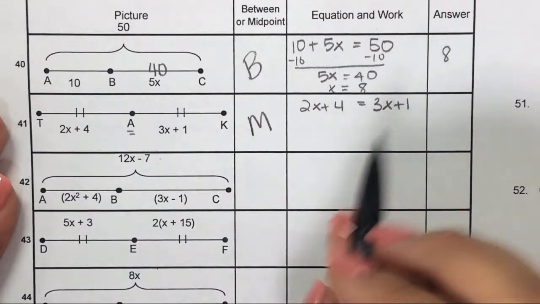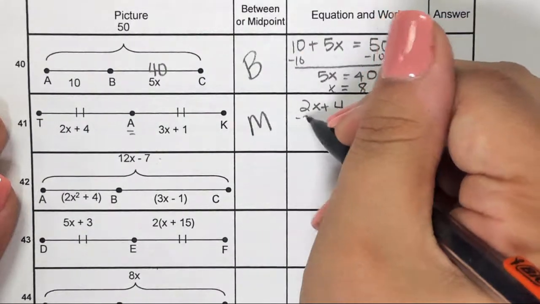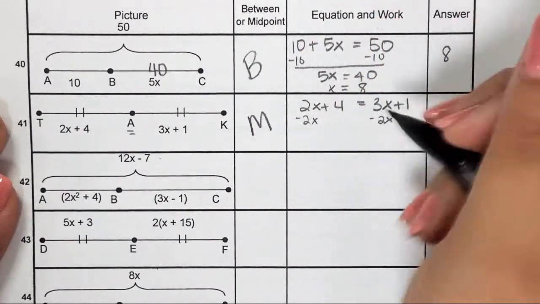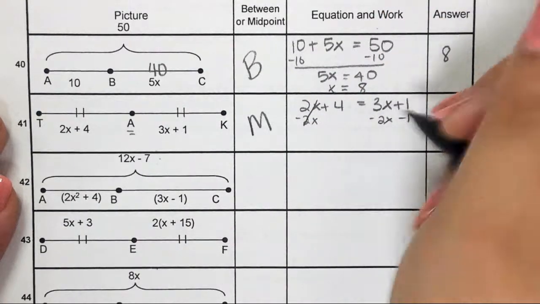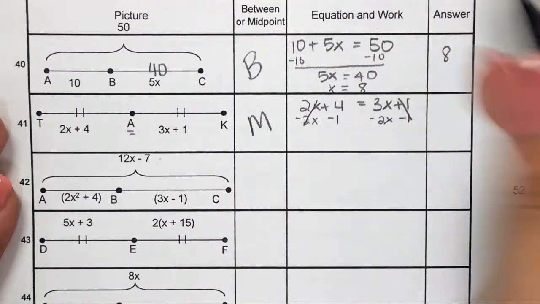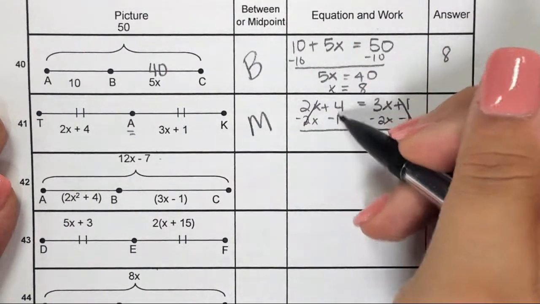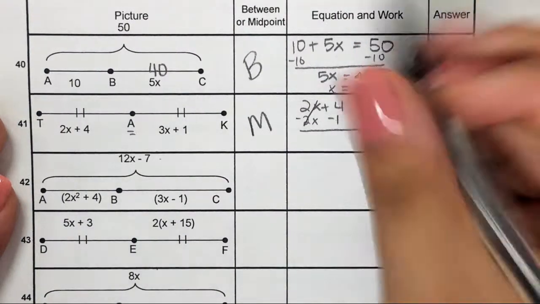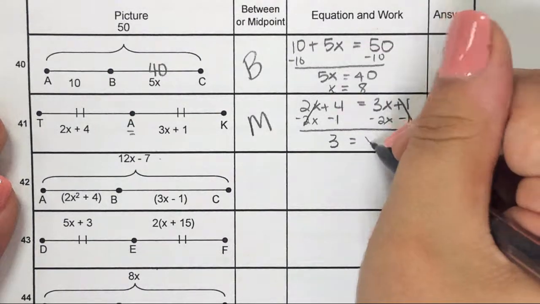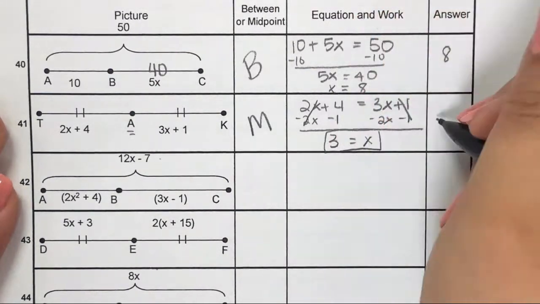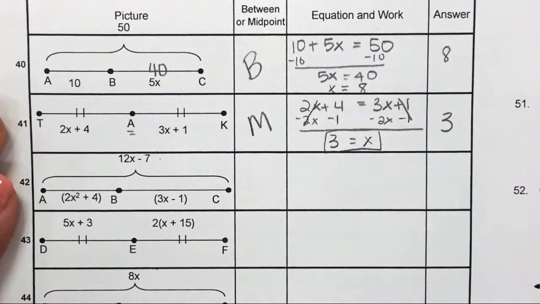So then I'm going to keep it positive, I'm going to subtract 2x on this side. And then I'm going to move this 1 by subtracting 1. What's 4 minus 1? And what's 3x minus 2x? So x equals 3. These are all going to be x equals.